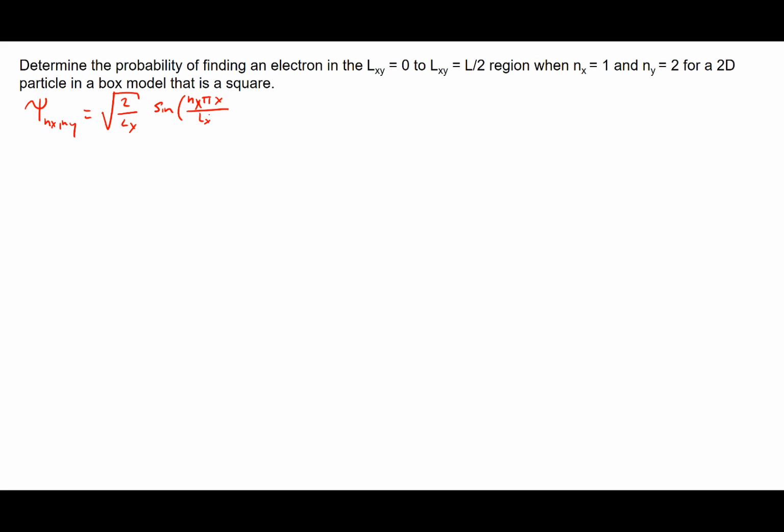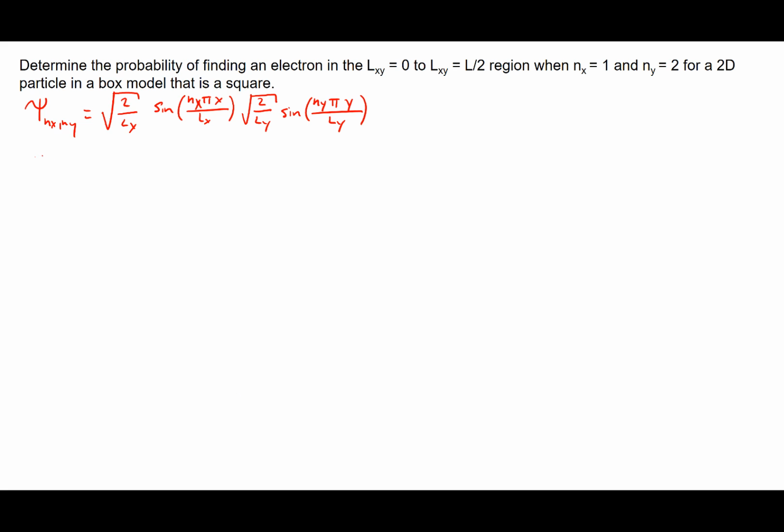Here nx is the principal quantum number in the x direction, x is the position in the x direction, and Lx is the length in the x direction. That's multiplied by the square root of 2 over Ly times the sine of ny times pi times y over Ly. So basically, it's the two different 1D particle in a box parts, and you're simply multiplying the two of them together.